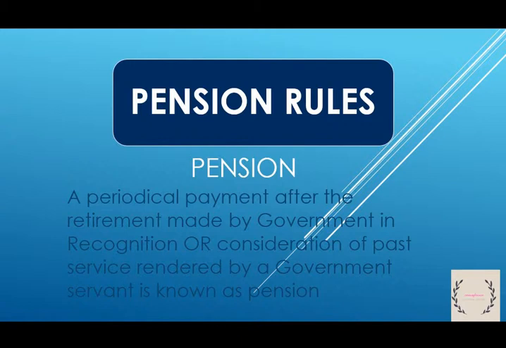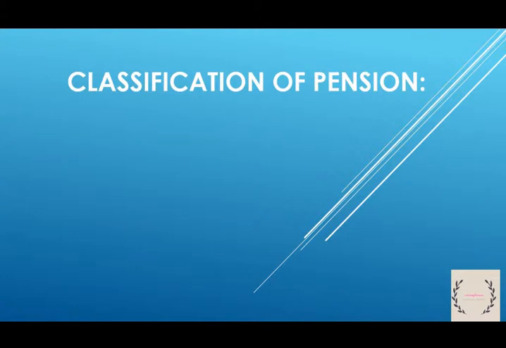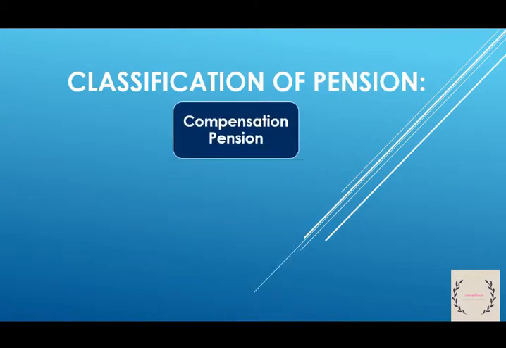Pension has been classified into almost 5 categories, and I'm going to tell you each category with its nomenclature so that you can get a better knowledge. Number 1, the compensation pension.